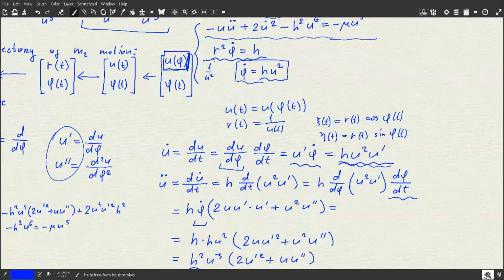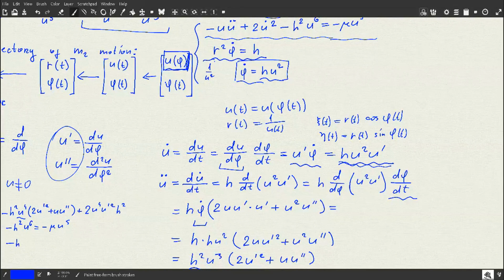We can immediately divide both the left-hand side and the right-hand side by u to the power 4, assuming that u is never 0, because u being equal to 0 corresponds to r being equal to infinity.